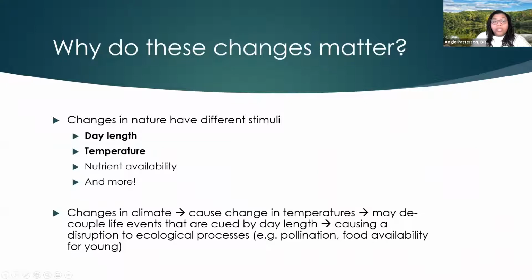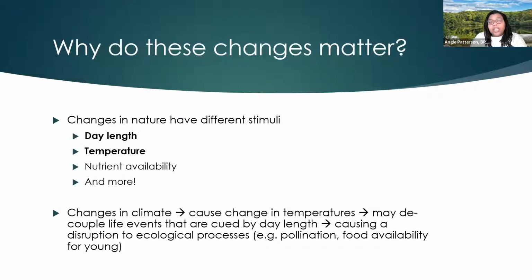So, what cues phenology in plants and animals? These organisms experience different stimuli, such as day length, temperature, nutrient availability, and other environmental or biological stimuli that prompt these natural life events on a cyclical pattern.